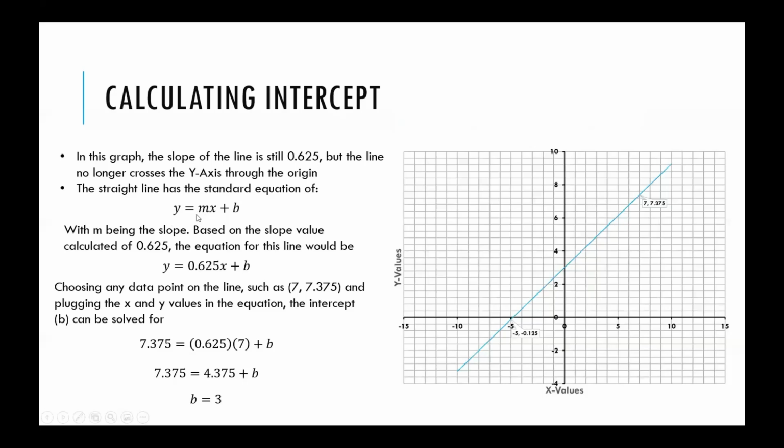So if I know the slope, that m value, and at this data point, the x value is 7, and the y value is 7.375. These are the data points. So you can plug in the x value for x, the y value for y, and since you have the slope, you can run through this calculation to figure out what is the intercept for this particular line.